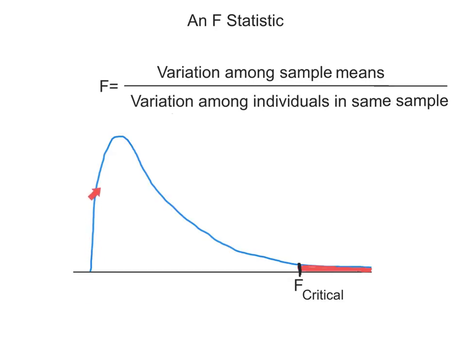Here we have a visual of a probability distribution, and we are showing our F critical value. If this is the F critical value, then this shaded region represents our alpha value that we declare at the beginning of our test.